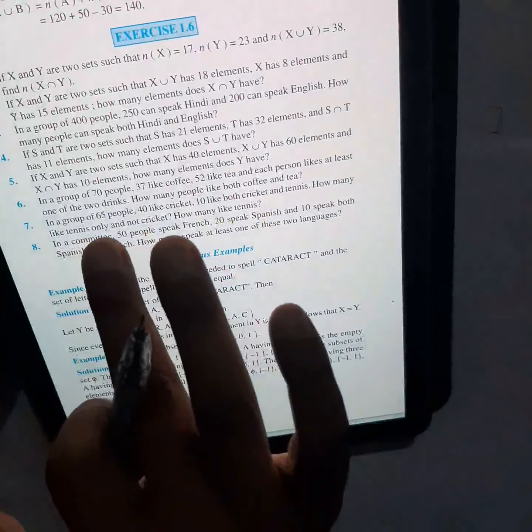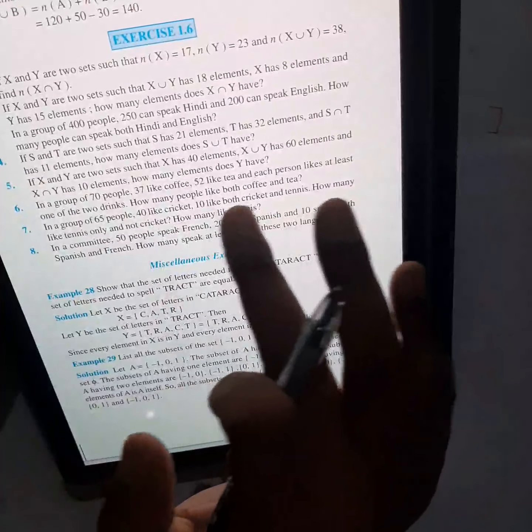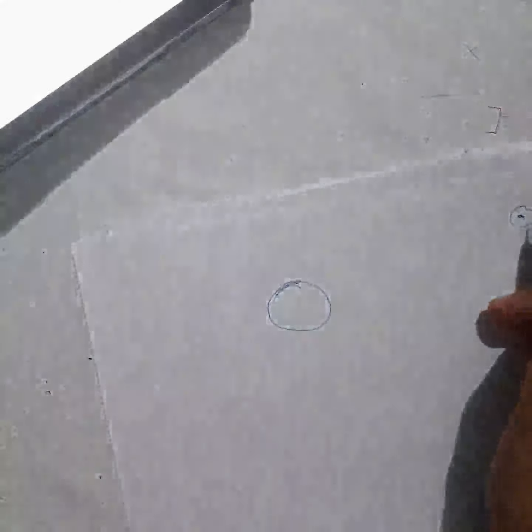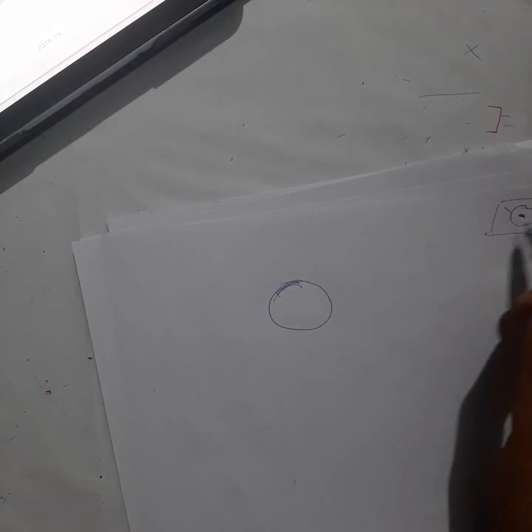They have said 10 like both cricket and tennis. Directly they have said in a group of 65 people, all of them will like either cricket or tennis, because there will be no one who does not like any of these sports. Why? They have said directly in the statement, you can understand.